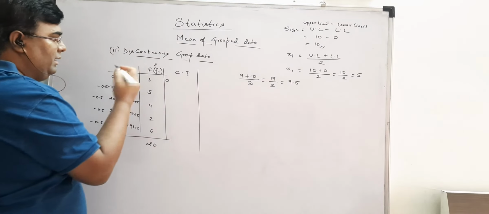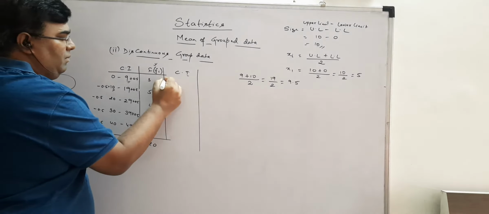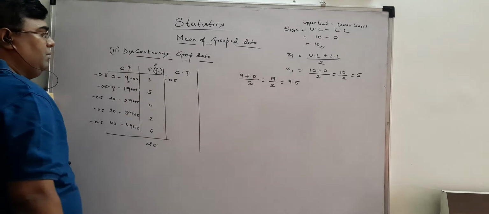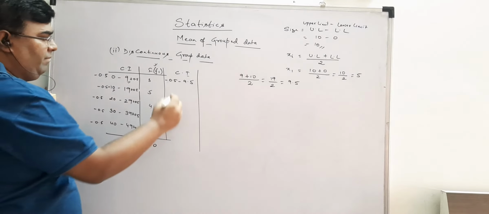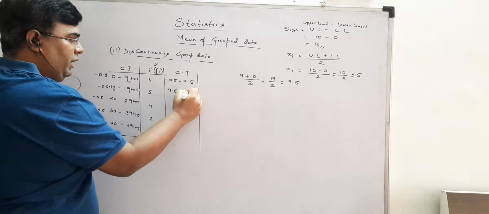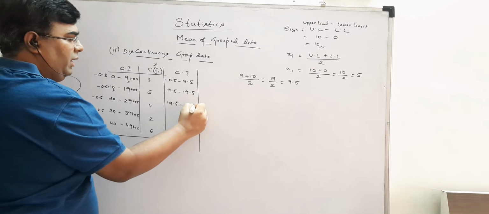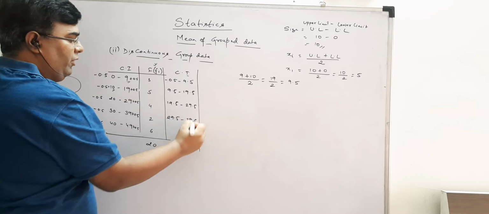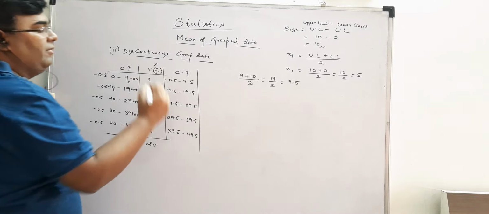So my new class interval will become like this: minus 0.5 to 9.5, then 9.5 to 19.5, 19.5 to 29.5, 29.5 to 39.5, and the last one ends with 0.5.